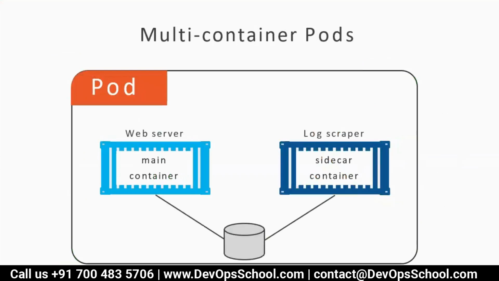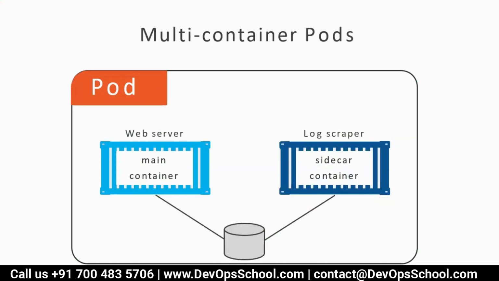Now, when you have a multi-container pod, the first container is called the main container, whereas the second container is called a sidecar container. This is the terminology we use: main container, sidecar container.